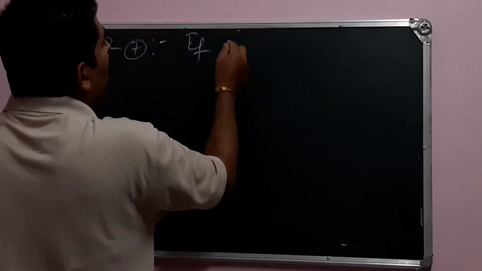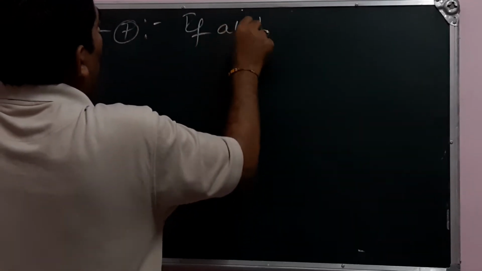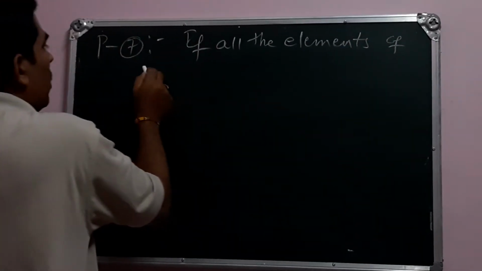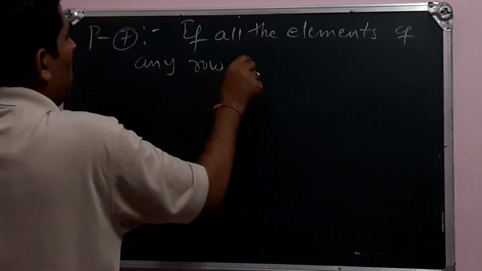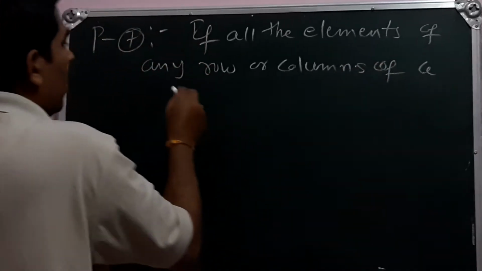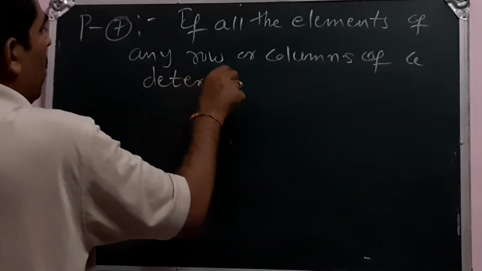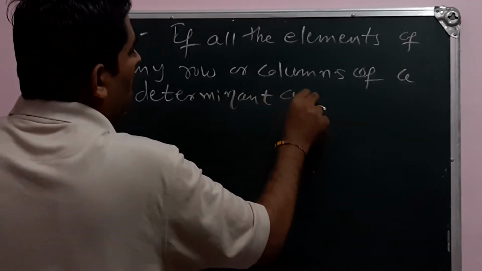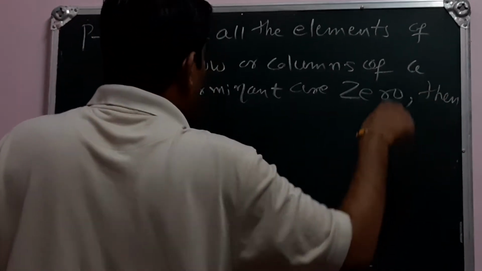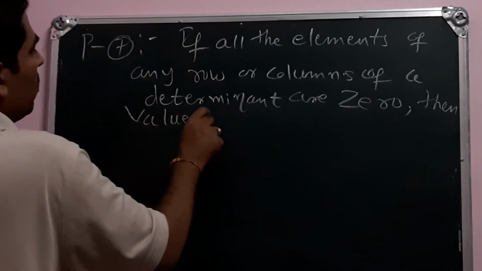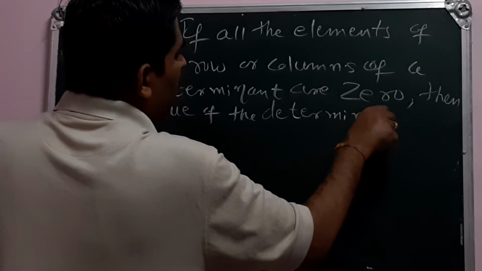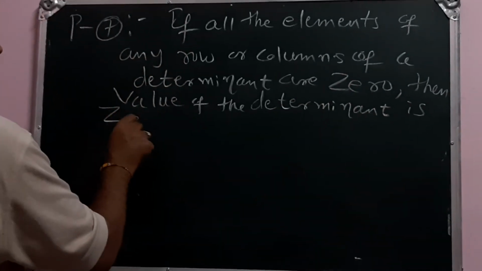If all the elements of any row or column of a determinant are 0, then the value of the determinant is 0.